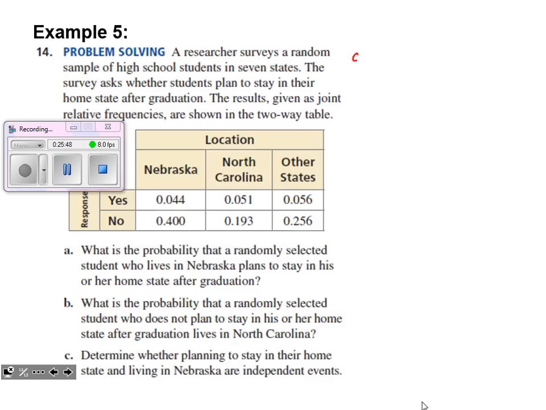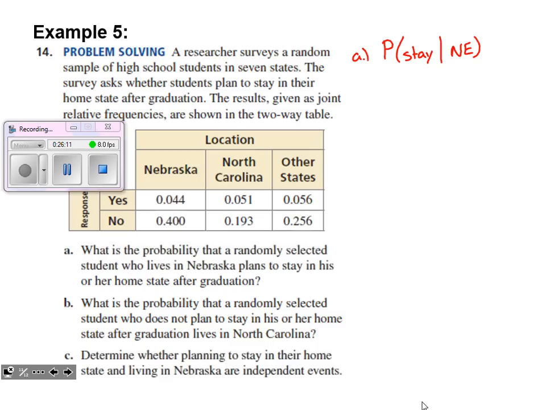Letter A. What's the probability that a randomly selected student who lives in Nebraska plans to stay in his or her home state? Let's put that into our probability terminology. That's the probability of staying given that they live in Nebraska.